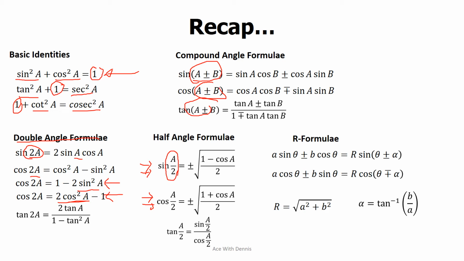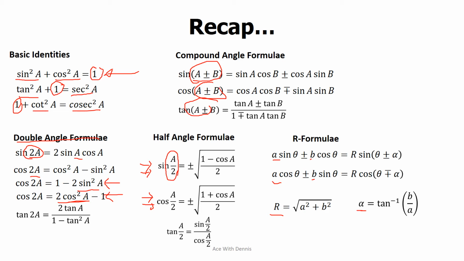Here A and B are constants. Then this alpha you can get from this formula. And R, capital R, you get from the Pythagoras theorem, square root of A square plus B square, which you apply to get R.